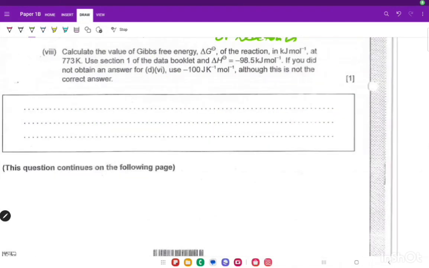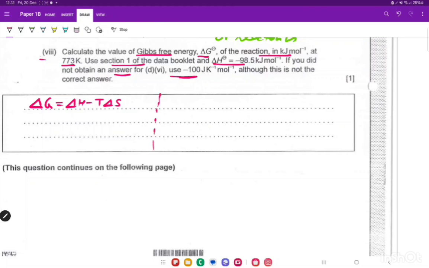Next, 8th part is calculate the value of Gibbs free energy delta G degree for the reaction in kilojoule per mole at 773 Kelvin, using section 1 of the data booklet, and delta H is minus 98.5. If you did not obtain the answer, it is 100 joule, but we obtained the answer, which is 94. Now the formula: delta G equals delta H minus T delta S. This is the formula for calculating Gibbs free energy.